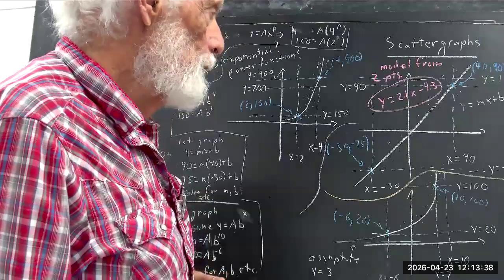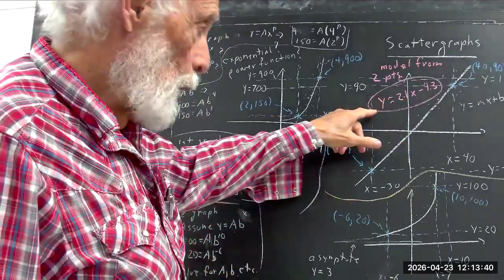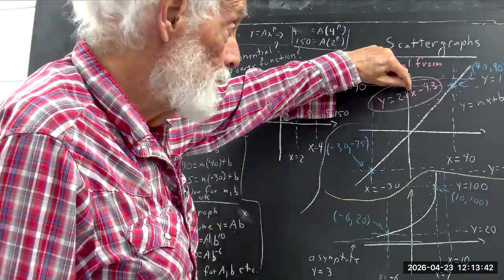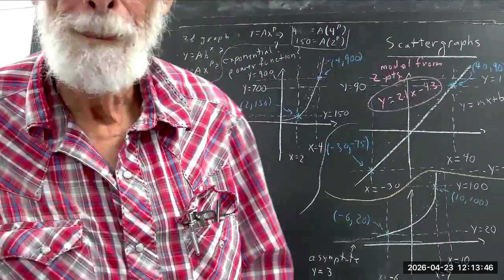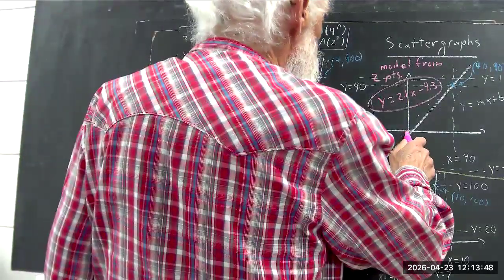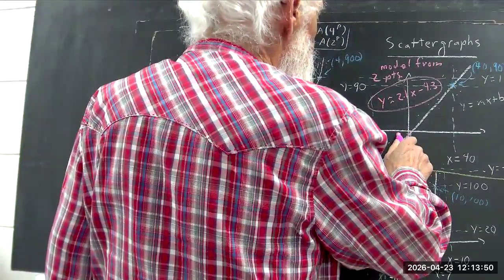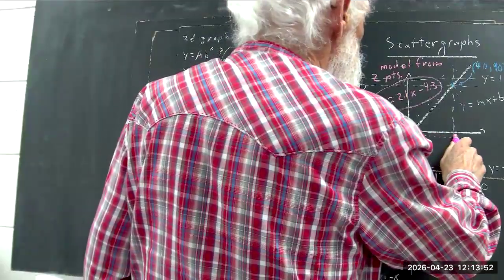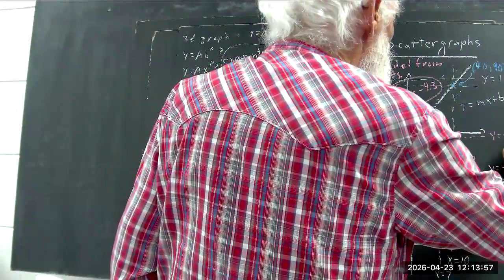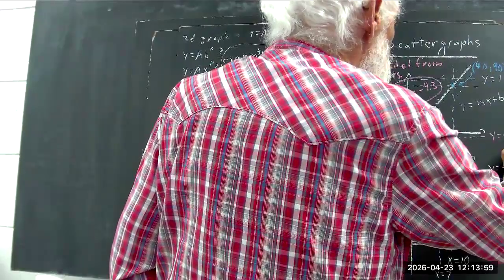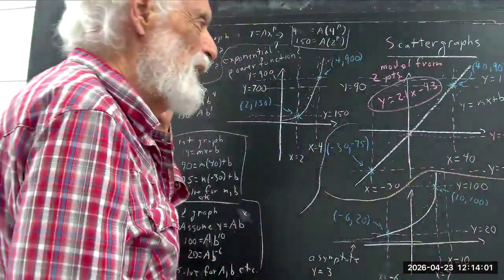Does minus 4.3 seem to fit for the y-intercept? Because if x equals 0, you're going to get y equals negative 4.3. Well, right here is the y-intercept. Could that be y equals negative 4.3?